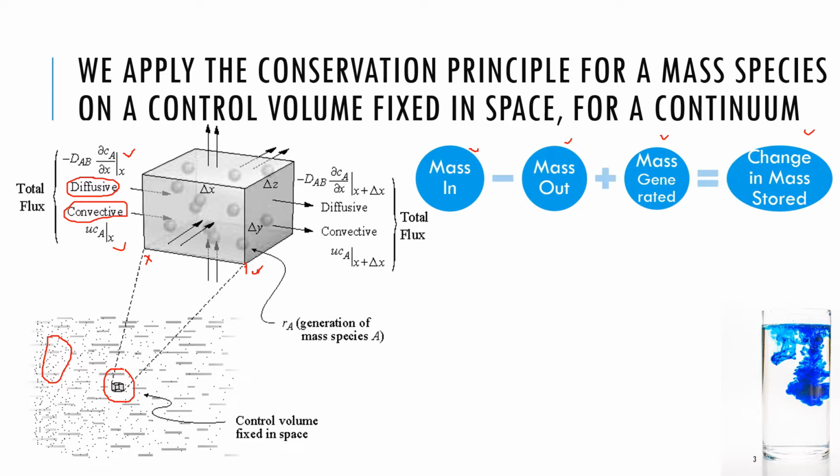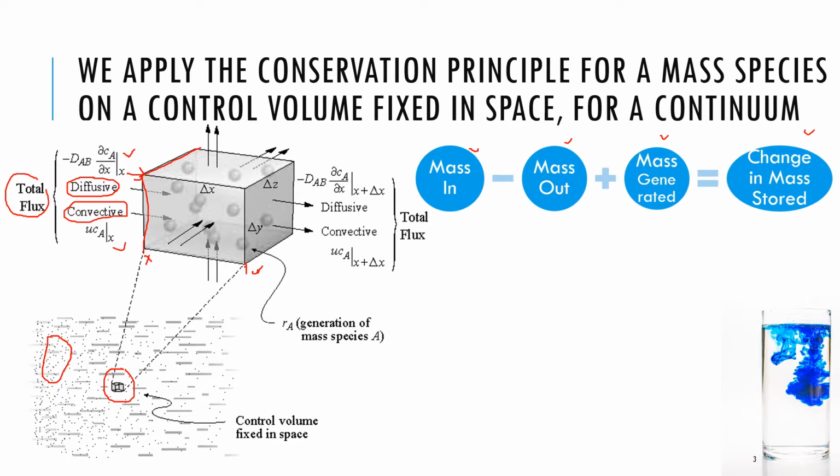And so we write the mass in to the control volume on this phase coming in. I'm sorry for the messy writing with my mouse. The mass in would be the total of this flux.